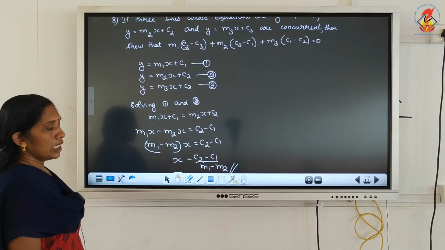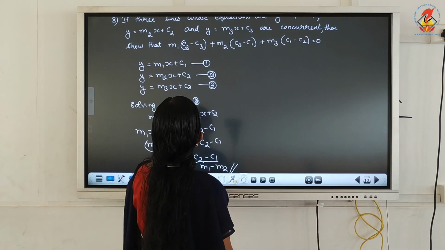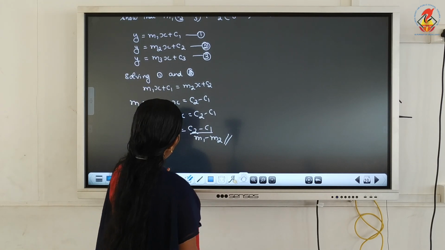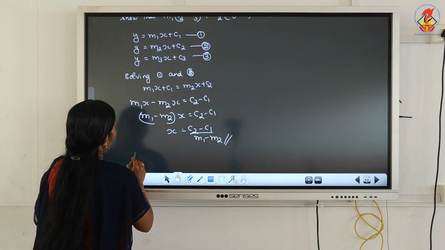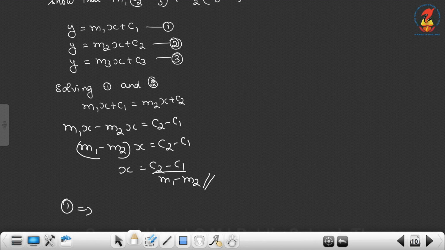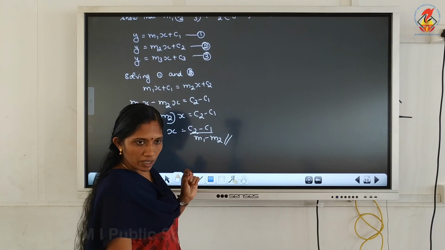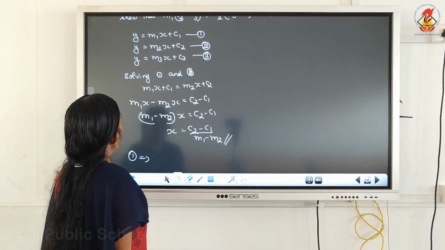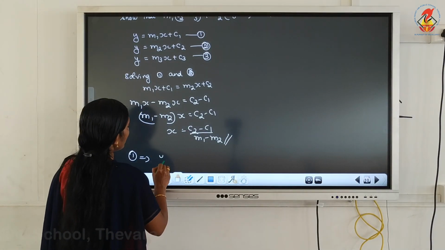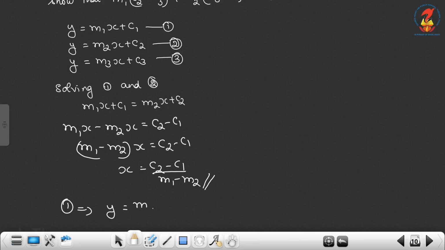Okay. Now we find y. Substitute in the first equation. Here we are solving 1 and 2, so do not substitute this in the third equation; use 1 and 2 only. The first equation becomes y is equal to m1 into c2 minus c1 by m1 minus m2, plus c1.